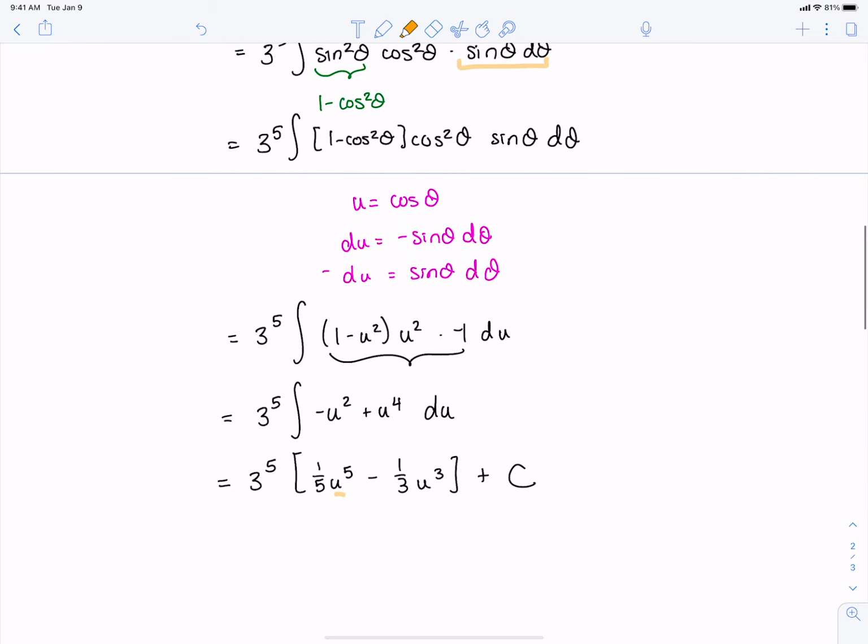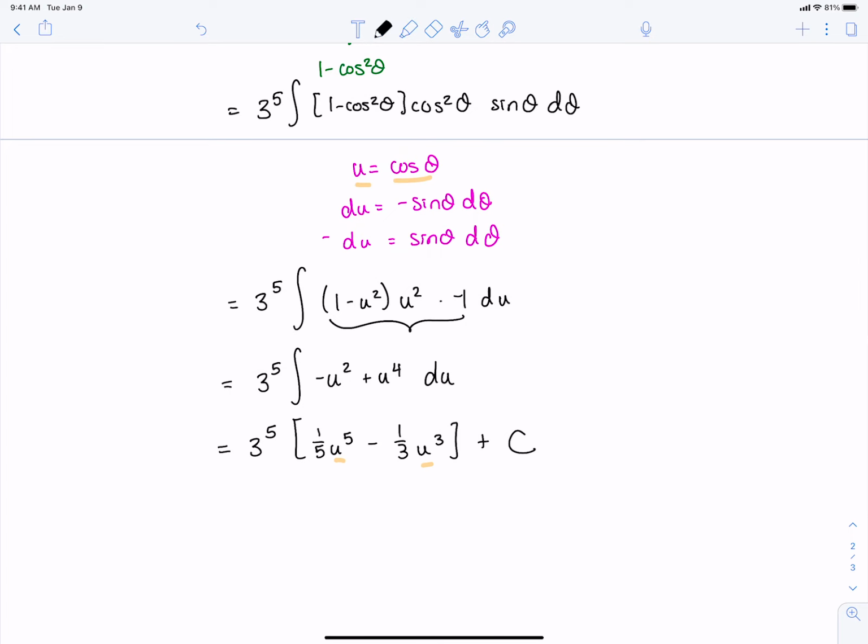First off, this u is cosine of theta. So we get 3 to the 5th, and then 1/5 cosine of theta to the 5th, minus 1/3 cosine of theta cubed, plus c.